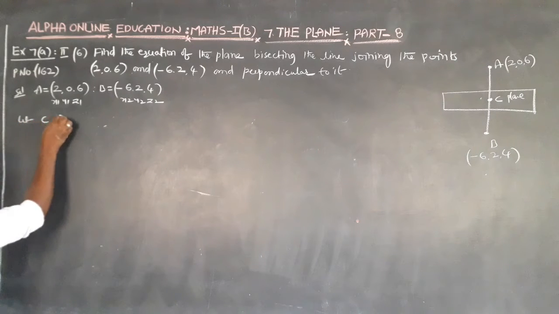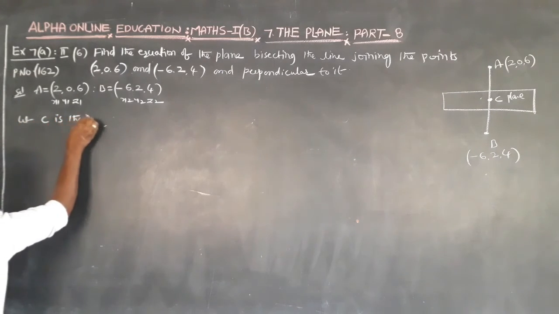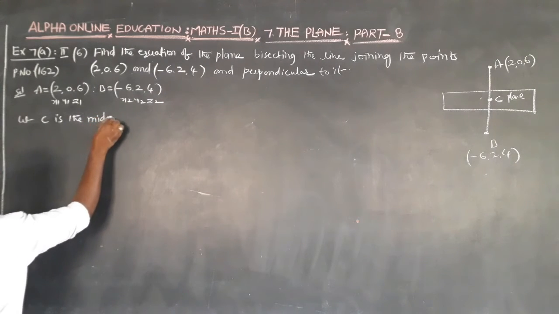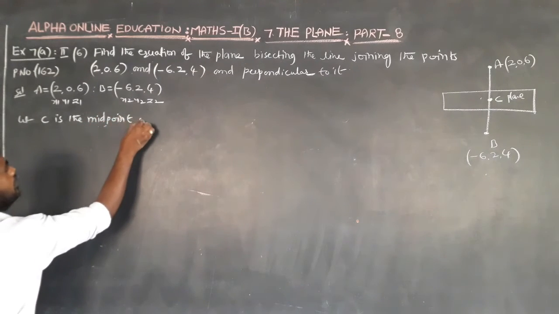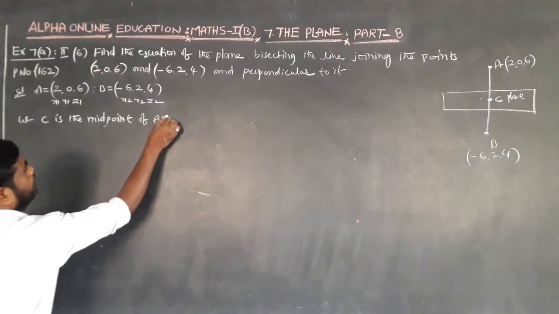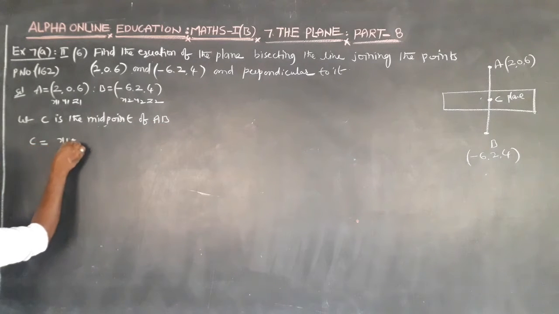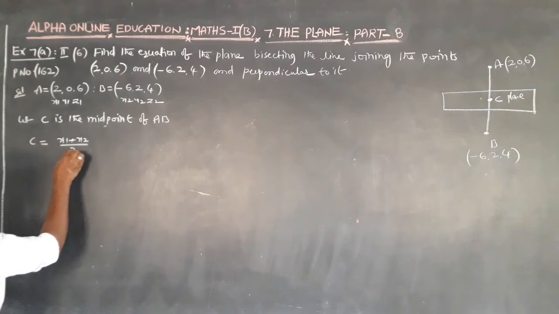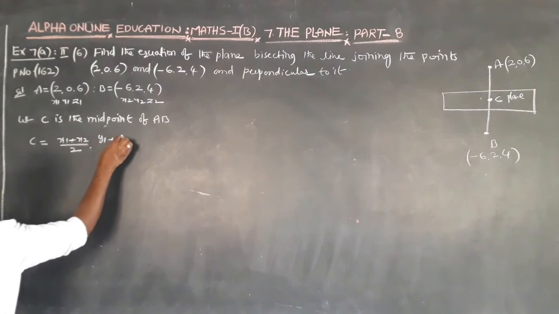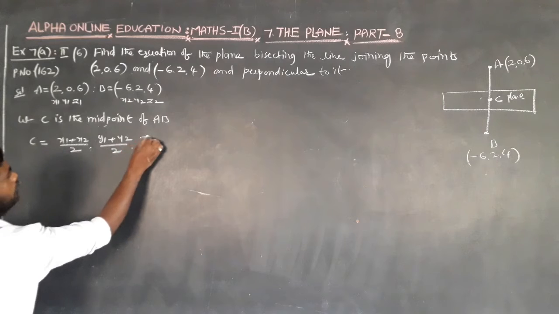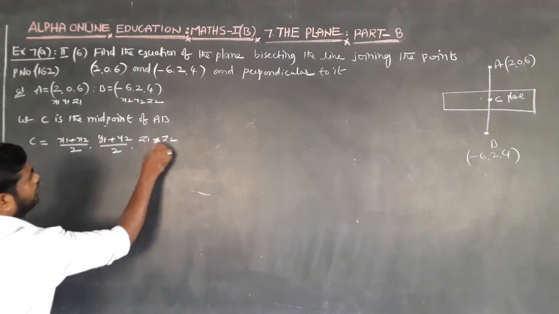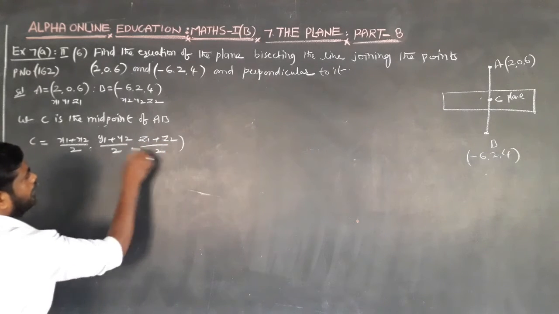Let C be the midpoint of AB. Midpoint C is equal to x1 plus x2 by 2, y1 plus y2 by 2, z1 plus z2 by 2.